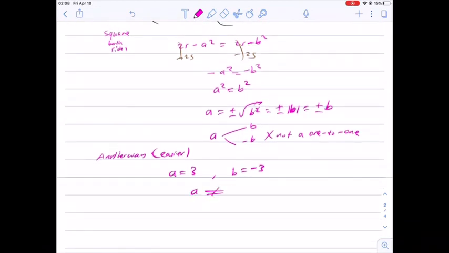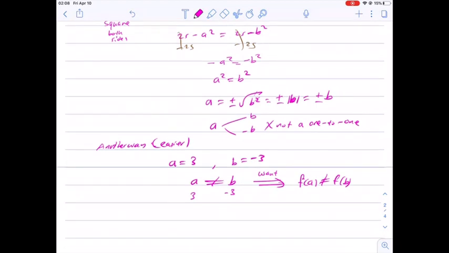Those are different. So we started with a not equal to b, 3 not equal to negative 3, and we want to show, this is the other formula, f of a is different from f of b. If the inputs are not equal, the images should be not equal.